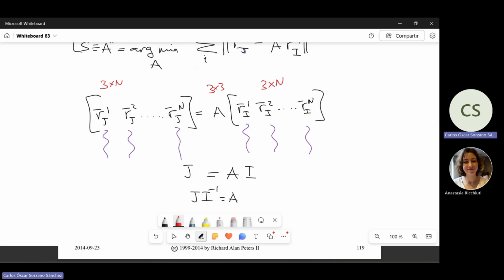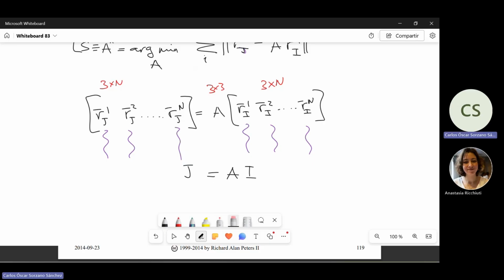Actually, this makes sense, no? 3 times 3 times 3 times n is 3 times n. So I'm inverting a matrix that is of size 3 times n. Can I do that? The inverse only exists for square matrices. So this is not square, so in general, I cannot invert it. Okay, so I cannot do this.